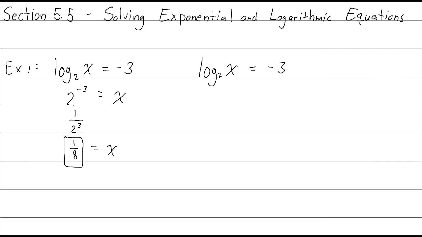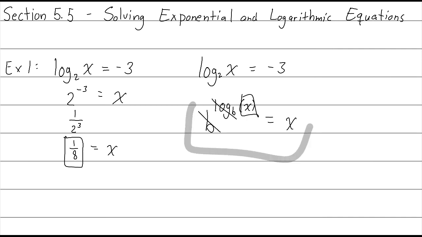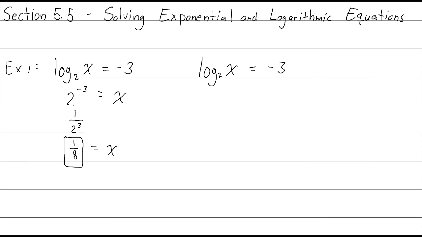Another one of our rules is that if you have a number as a base and the exponent is a logarithm with that same exact base, those cancel out to leave you with x, the inside part. So I'm going to use that rule. My base is 2, so I'm going to write 2 on both sides.